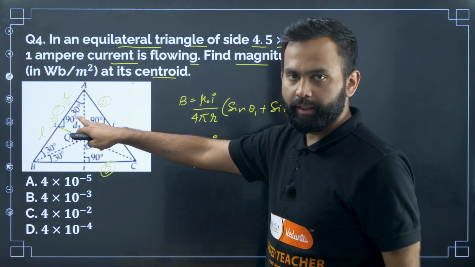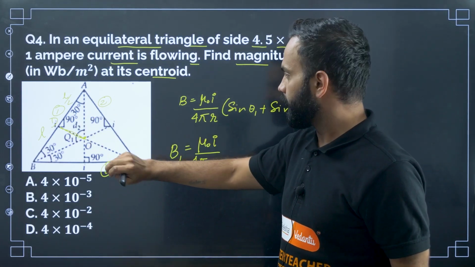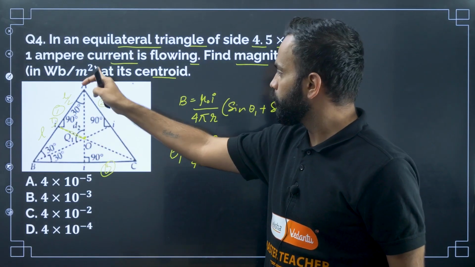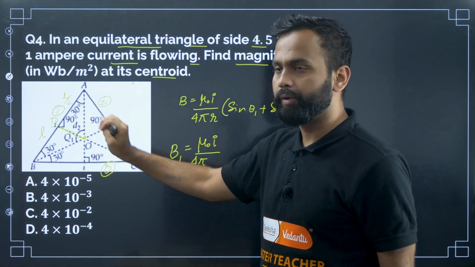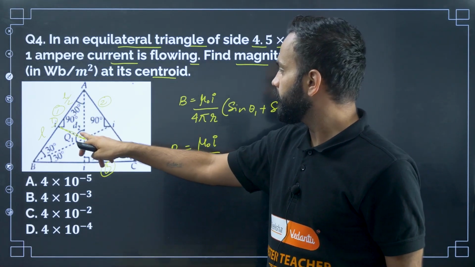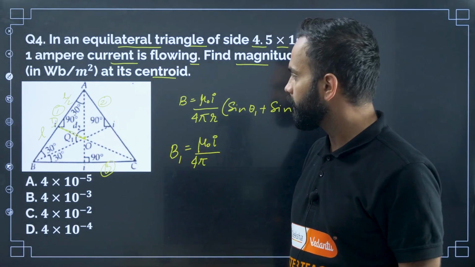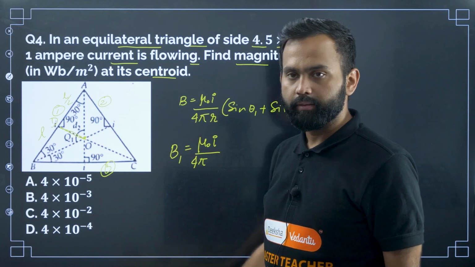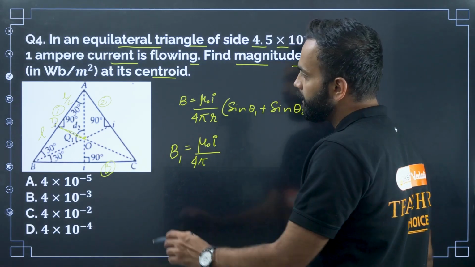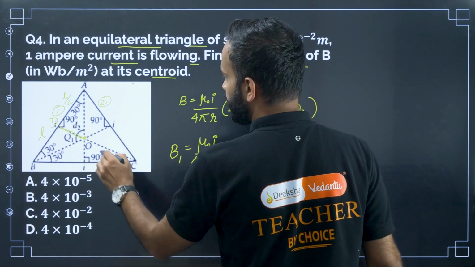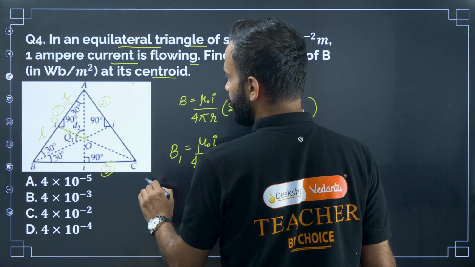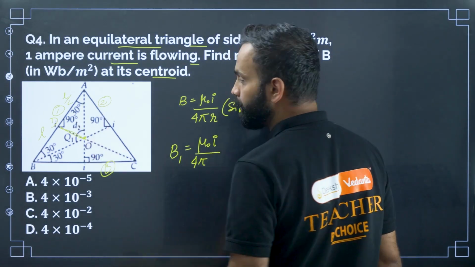Here the angle is 30 degree. It is an equilateral triangle, so if you draw the perpendicular bisector, this angle will be 30 degree, and this angle will be 60 degree. So what about the hypotenuse?